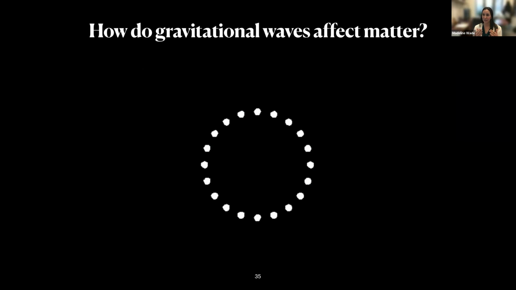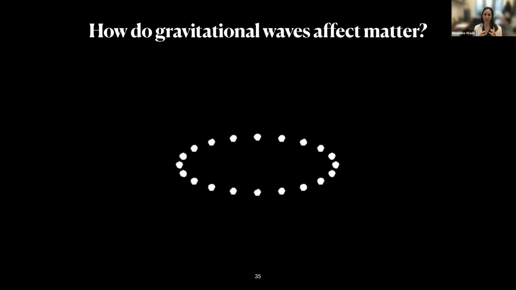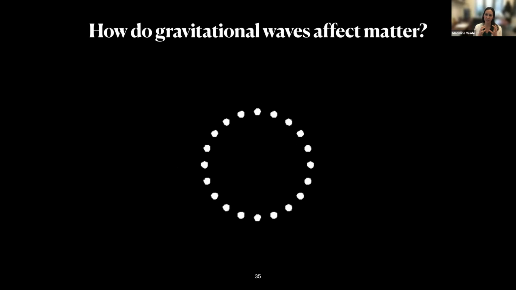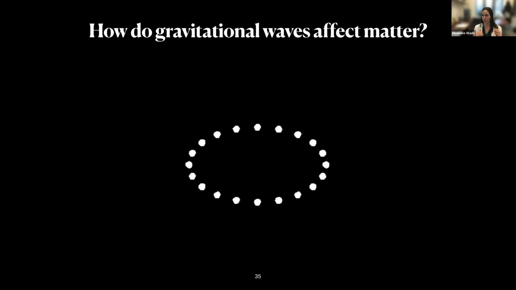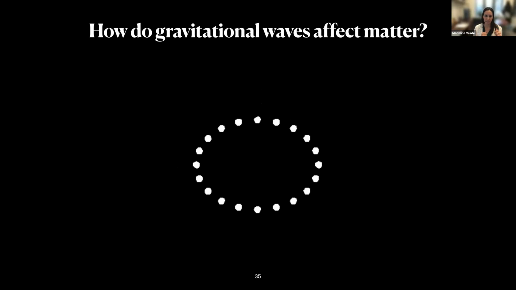Well, it turns out these gravitational waves, these little ripples in space-time, do have a measurable effect on matter. So if the gravitational wave was passing through your computer screen and you had a little ring of particles that you were testing to see what it did, those particles would squish and squash like this, essentially.